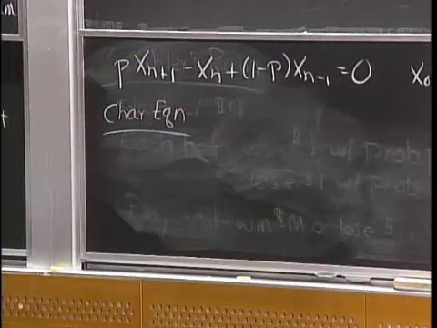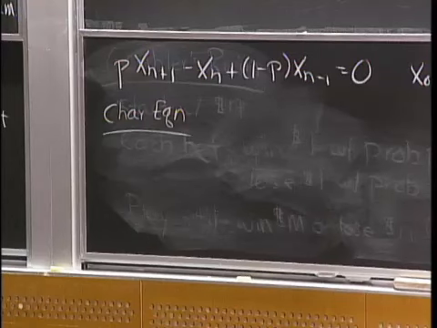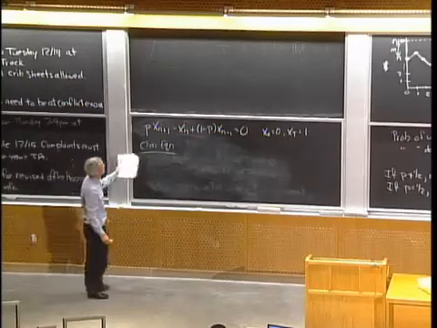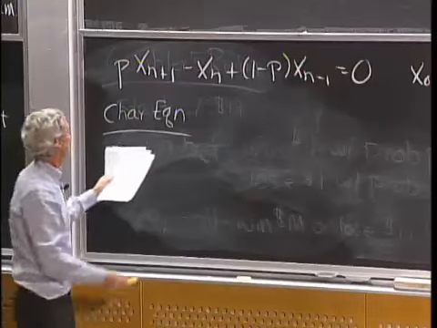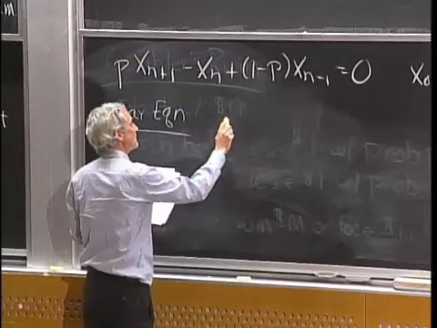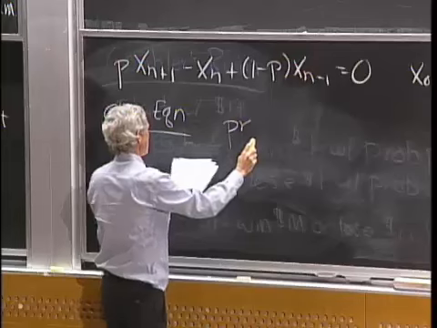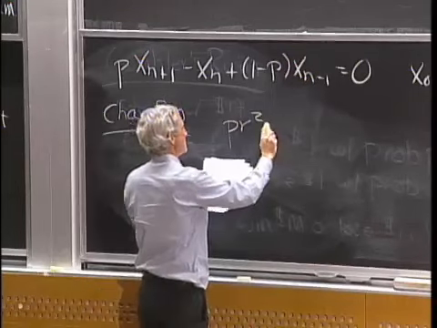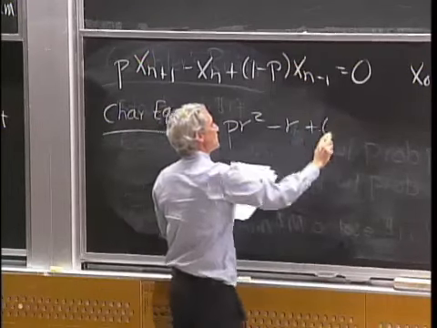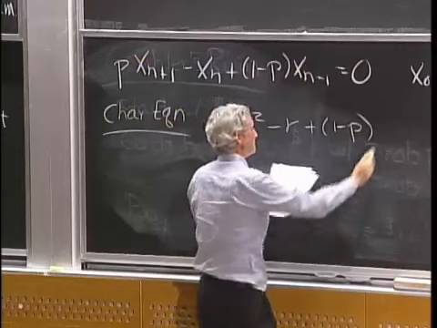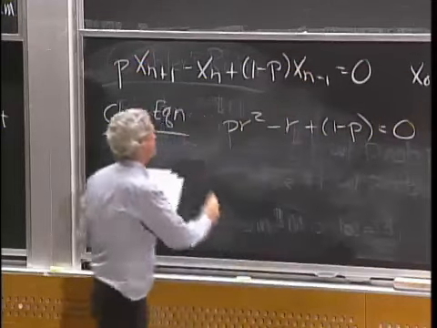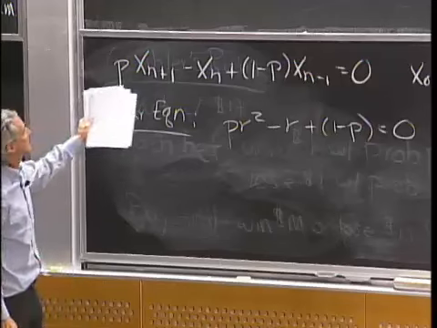And what's the order of this equation? The degree? It's going to be 2, right? I'm going to have p r squared minus r plus (1 minus p) equals 0. That's my characteristic equation. Remember that?